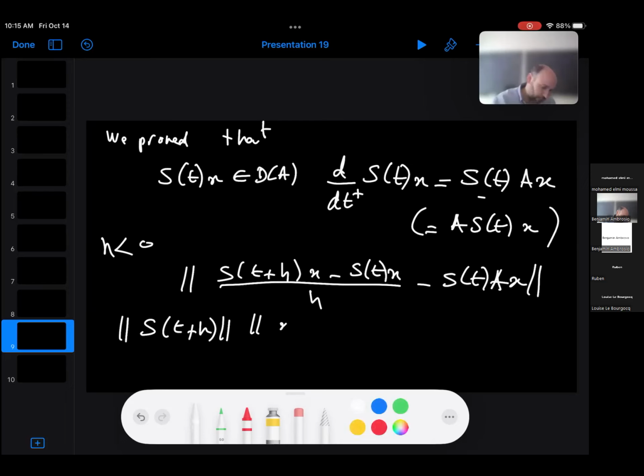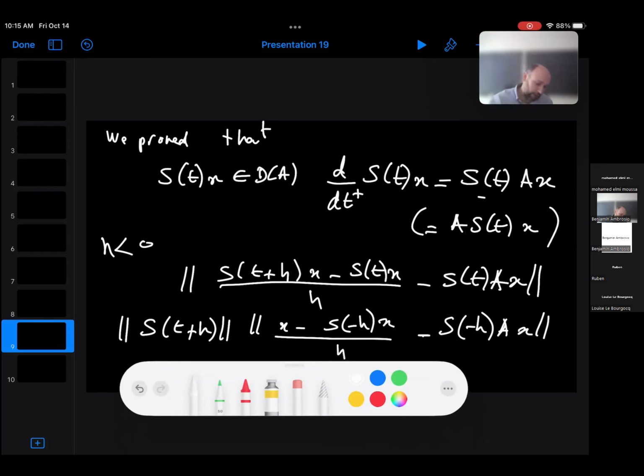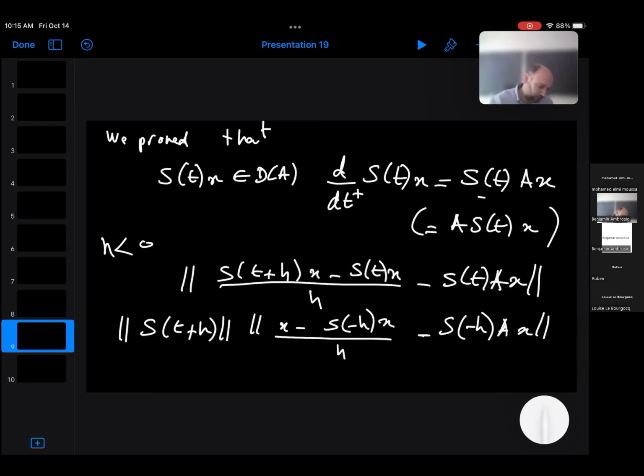So here I have X minus S minus H. I can write that because minus H is positive, divided by H minus... All right, so that's not bad because I can introduce AX here.